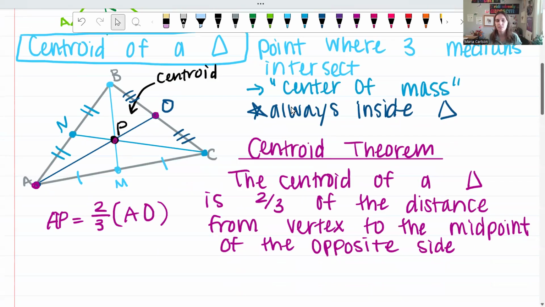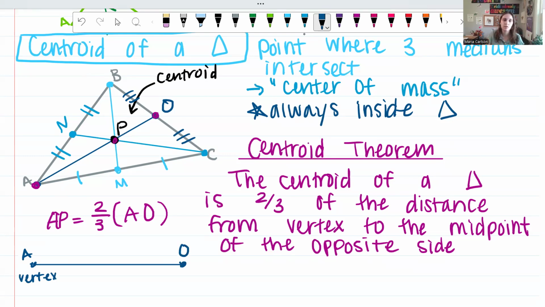If we think about this logically, I always like to think about it by drawing out a straight line. So here is segment AO. Here is A, and that is our vertex. And here is O, the midpoint of the opposite side.